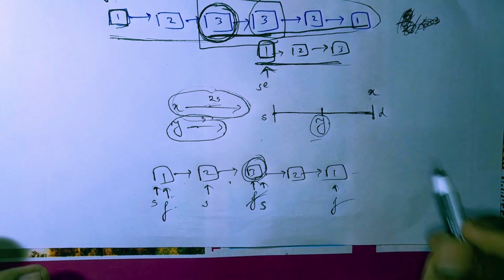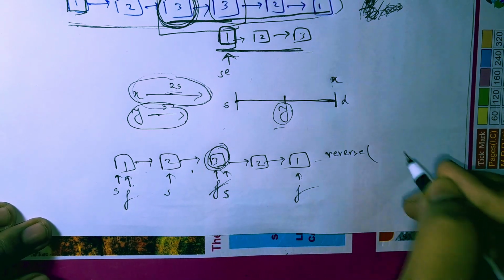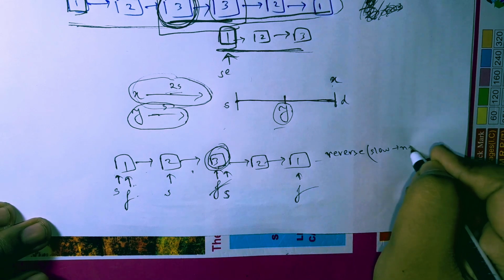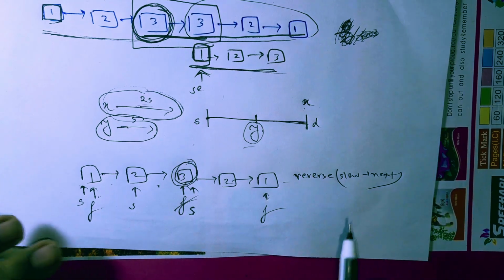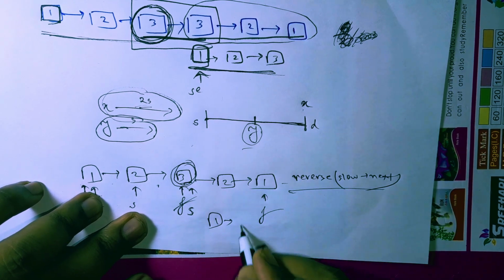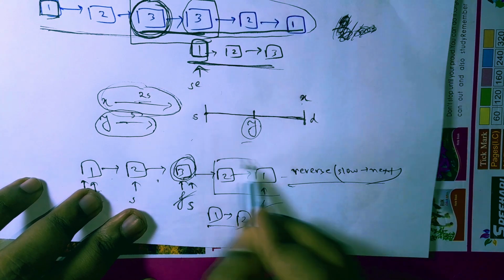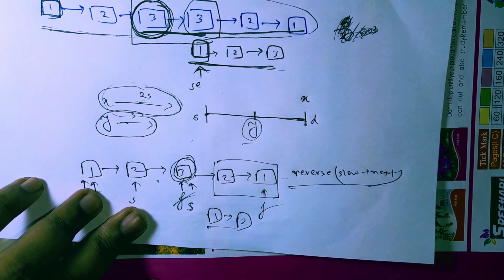And if I reverse the slow next, then you can simply get 1 2, which is the reversed linked list of this part.